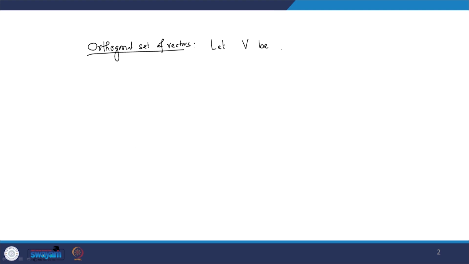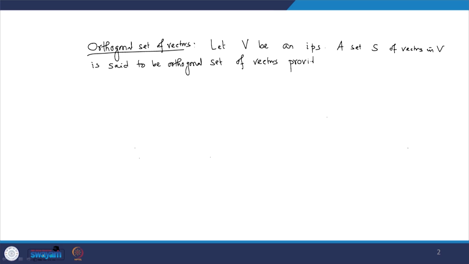Let V be an inner product space (IPS). A set S of vectors in V is said to be an orthogonal set of vectors provided every pair of distinct vectors in S is orthogonal.